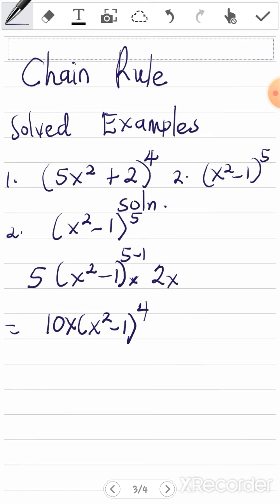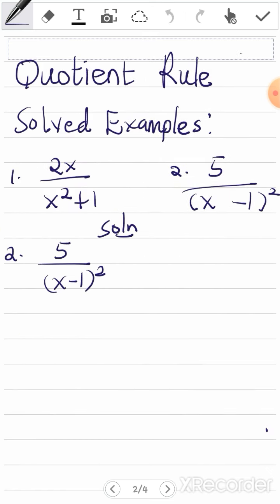With this concept, let's go and solve the one with the quotient rule. We differentiate the denominator, which is x minus 1 all squared. With the same chain rule method, we get 2 multiplying x minus 1 to the power 2 minus 1, which is 1, times the derivative of x, which is 1. So 1 times any number is the number itself.